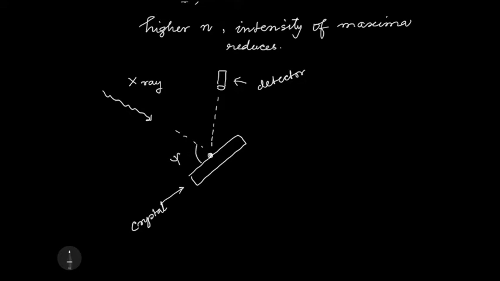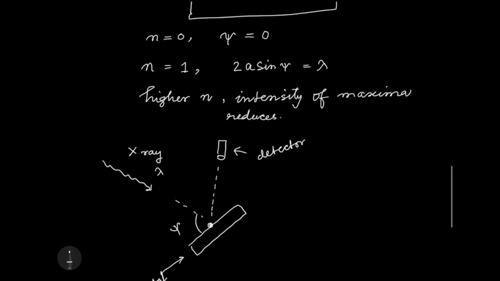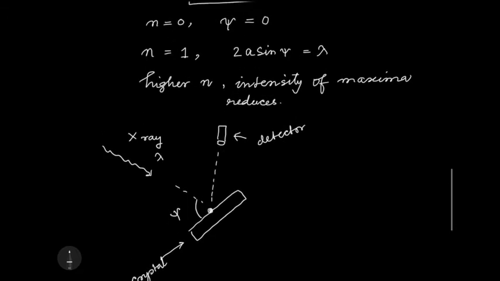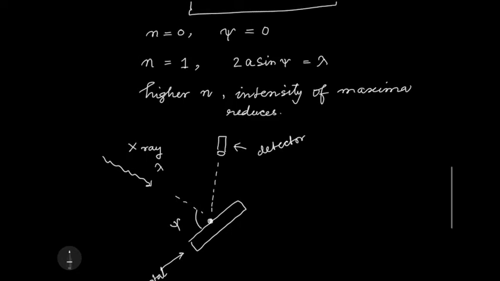This angle, remember, we call psi. So this X-ray is coming with a wavelength lambda. Now if you look at n equals 0, that means psi equals 0. That means that the maxima will happen along the direction of the incoming ray. So this is essentially no reflection. This will just happen in the direction of the incoming ray.